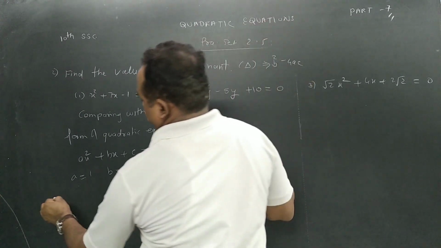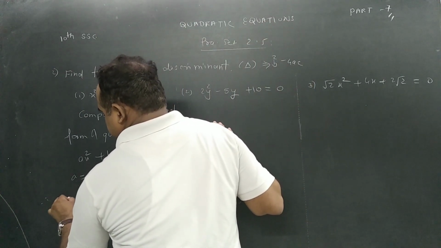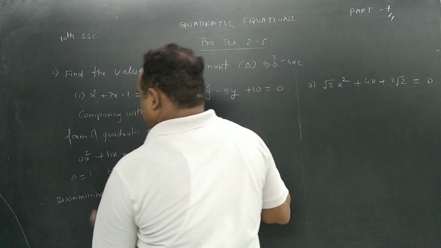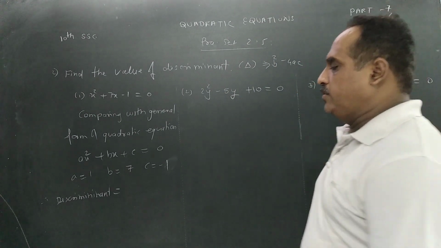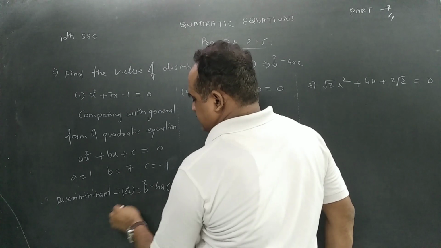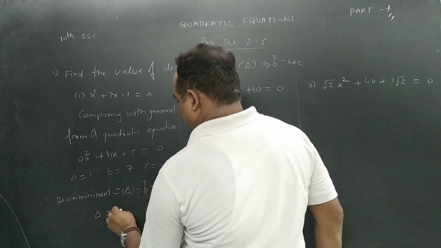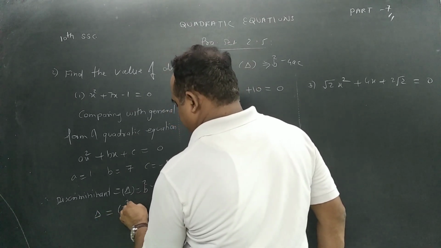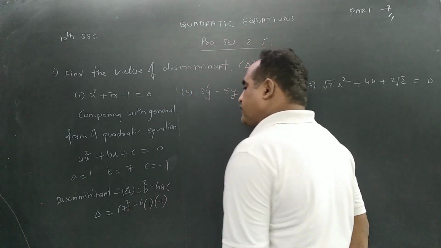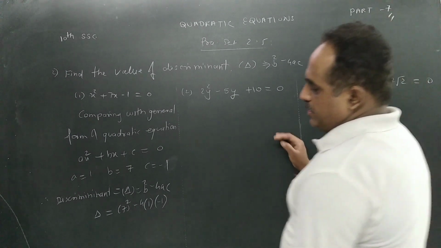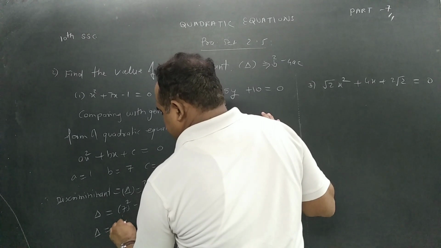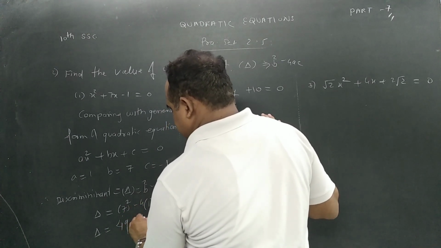Therefore, discriminant is equal to delta, which is equal to b² - 4ac. Therefore delta = 7² - 4 × 1 × (-1). So delta = 49, and minus minus is plus, so plus 4.